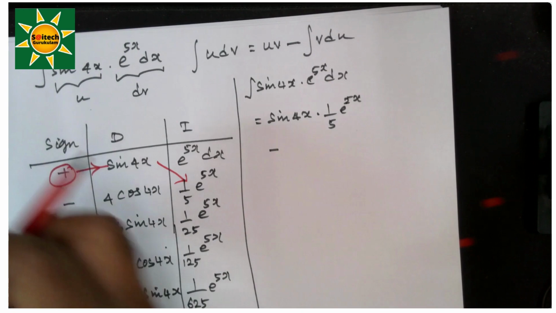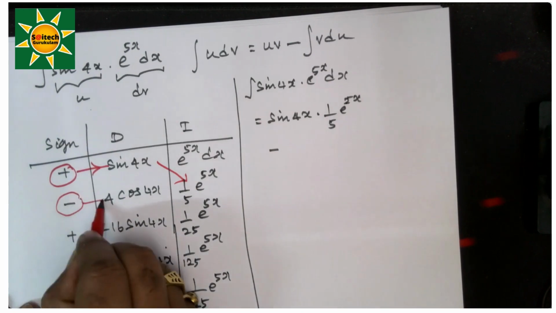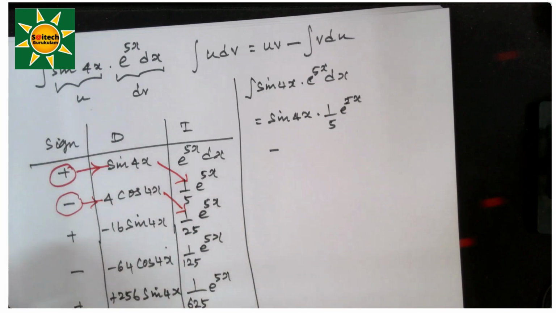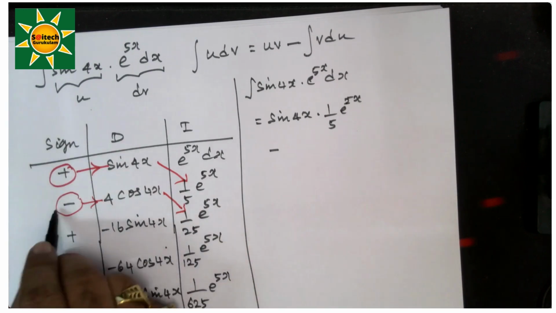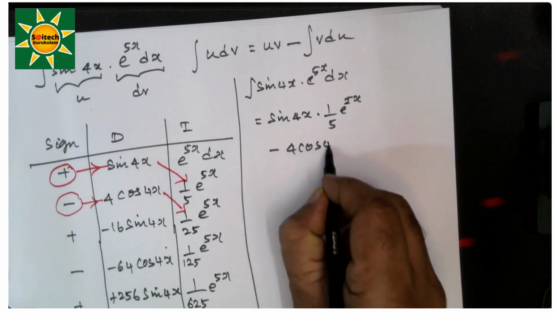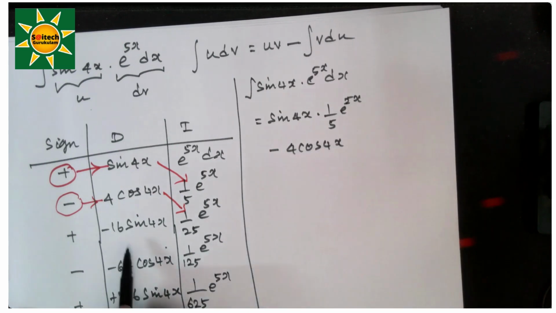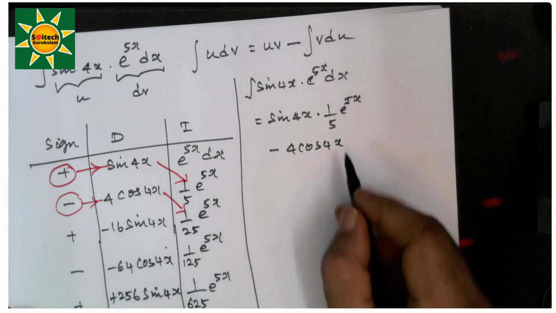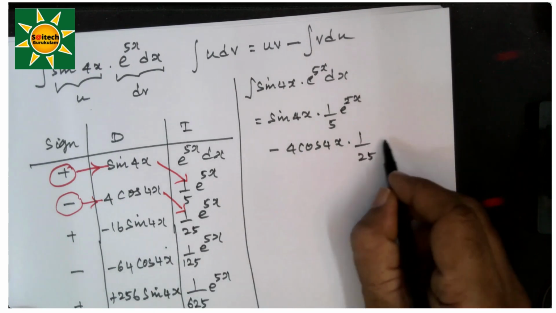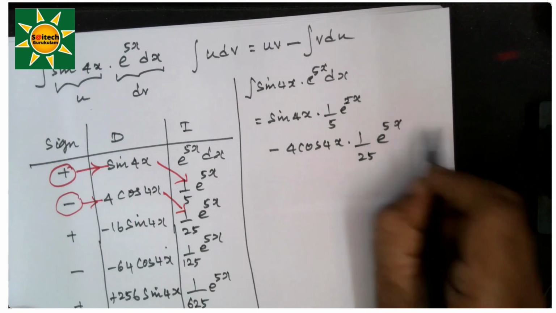Why we got this minus? So let us proceed. Minus 4 cos 4x, and then here into 1 by 25 e power 5x.